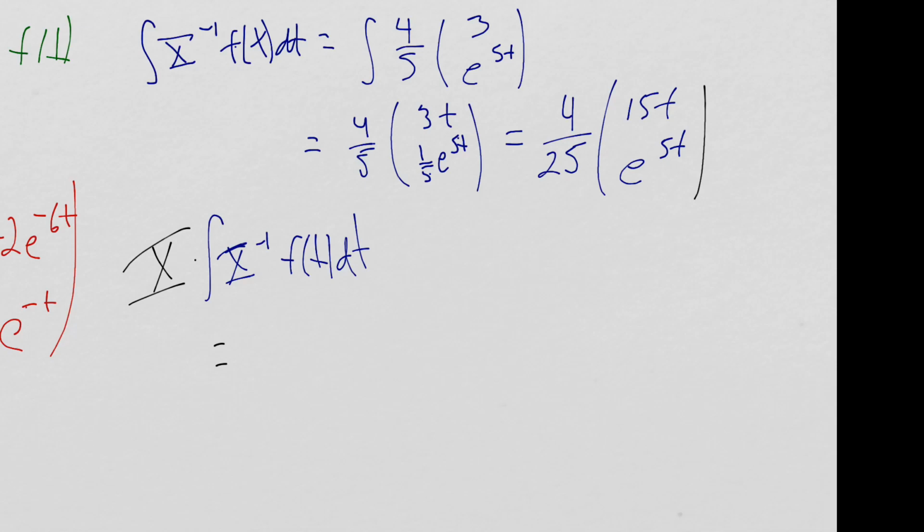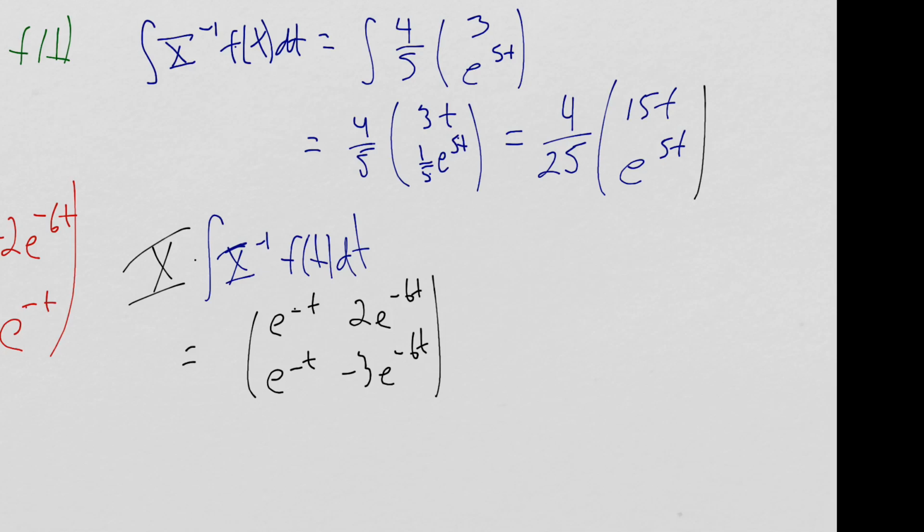It was e to the negative t, e to the negative t, and then 2e to the negative 6t, and negative 3e to the negative 6t, times 4/5 there, times 3t, and then 15t, and then e to the 5t.